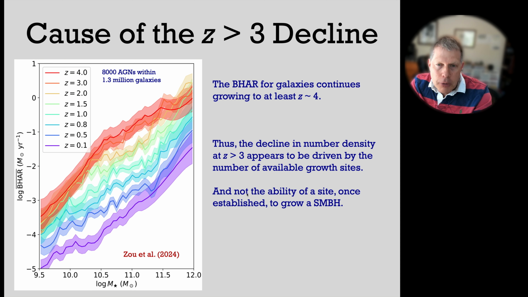Another possibility could be that you could have many sites available at high redshift, but they're not very good at growing their black holes. But these data show that is not the case. Once you put a growth site together, it will, in short order, start to generate a supermassive black hole. There's no problem once you get a site together in generating a supermassive black hole.